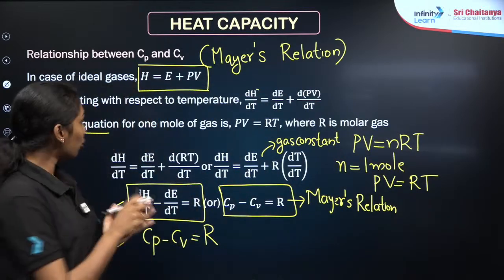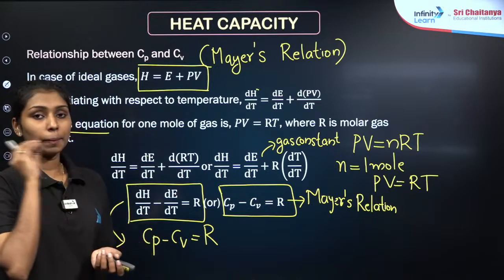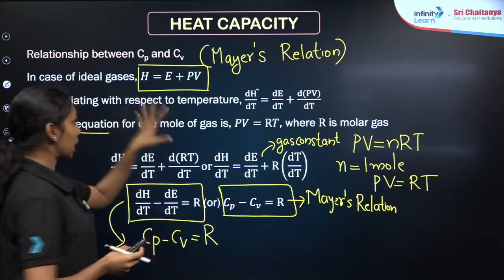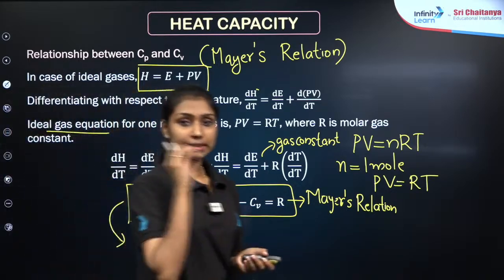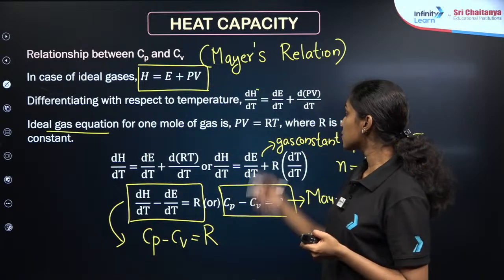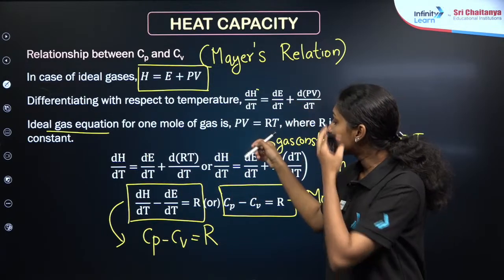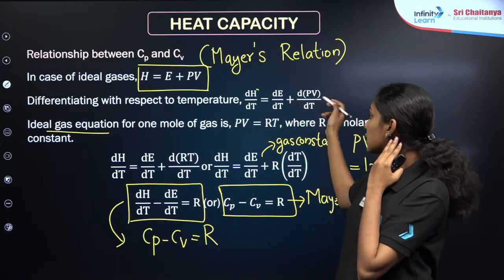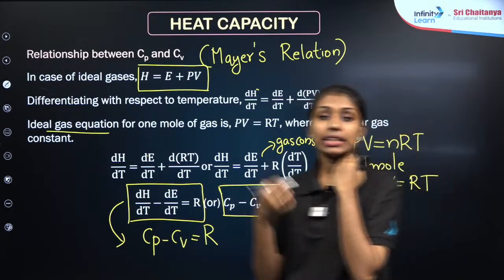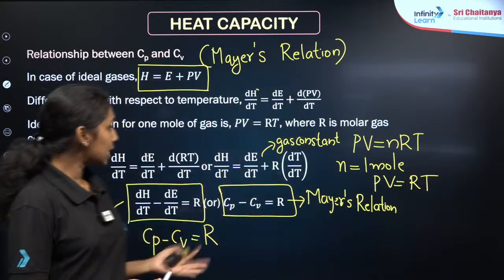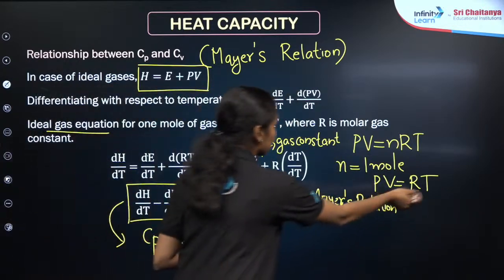In the first step we write the enthalpy expression, H is equal to E plus PV. Now we differentiate each term with respect to temperature, so dH by dT is equal to dE by dT plus d of PV by dT. Then the PV term is replaced using the ideal gas equation, RT.